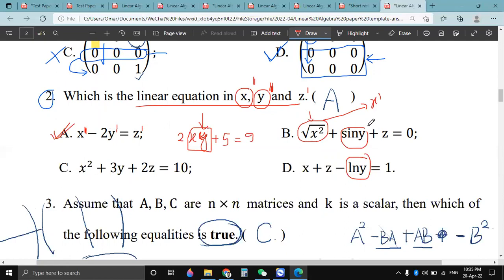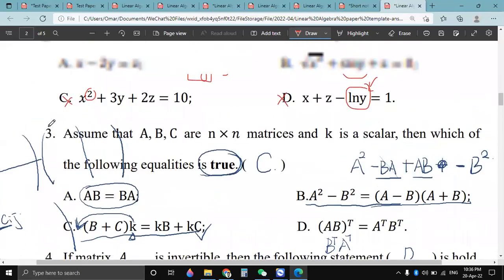So that's okay. But if you look here, sin y, this is a functional term of y, right? It is a sine function of y. So this is not a linear system. And for the third option, here is x squared. So this is definitely not. And for the fourth option, it is ln y, right? So it is also not a linear system.